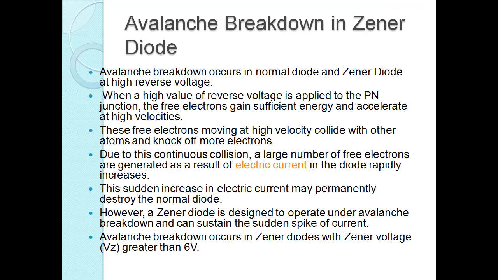This sudden increase in current may permanently destroy the normal diode. However, a Zener diode is designed to operate under avalanche breakdown and can sustain a sudden spike of current. So avalanche breakdown occurs in a Zener diode with Zener voltage above about 6 volts.